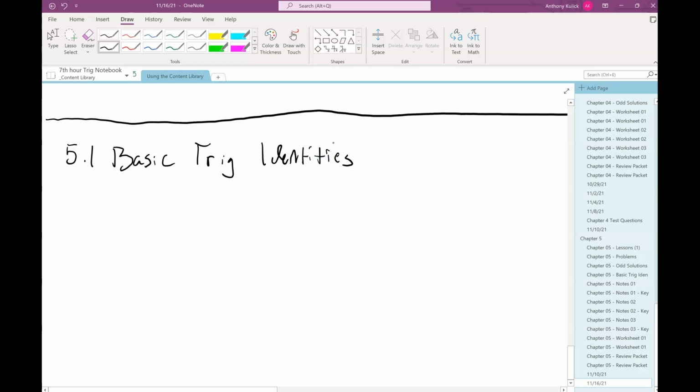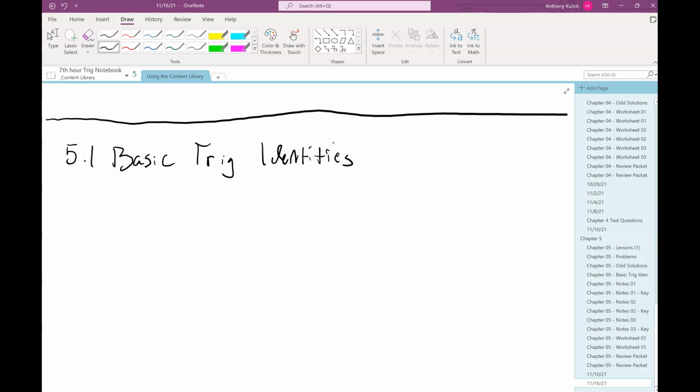So in section 5.1, we're going to be talking about our basic trig identities. So when we say identity in a math class, basically all we're talking about is an algebraic statement that's always true.